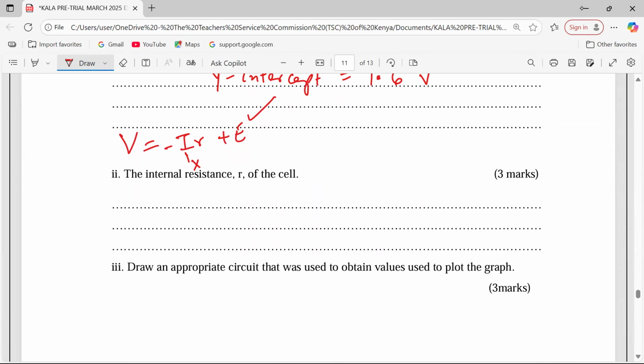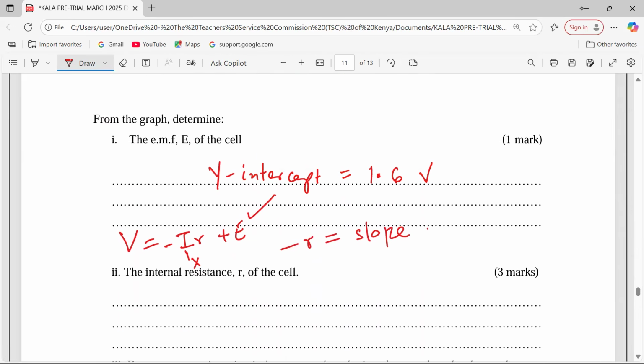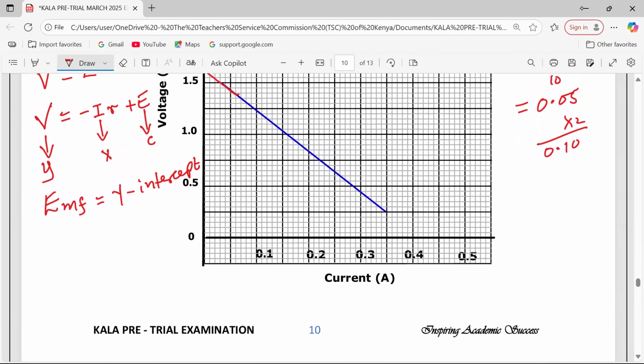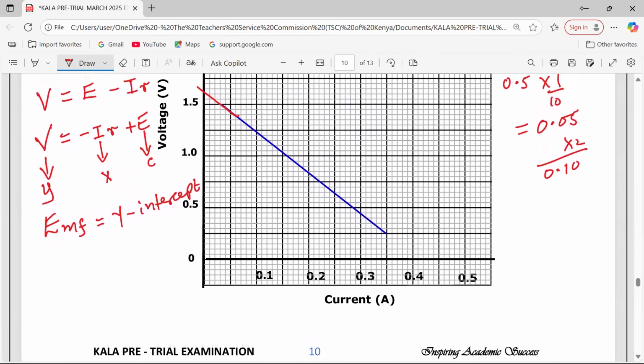So the coefficient of whatever is on the x-axis becomes the gradient. Therefore, negative R equals the slope. So from the graph, we just need the slope.